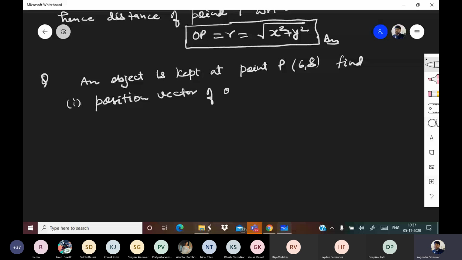Number 2, the distance of point P from O. Quickly give me the answer. You should not take more than 30 seconds to give both answers.